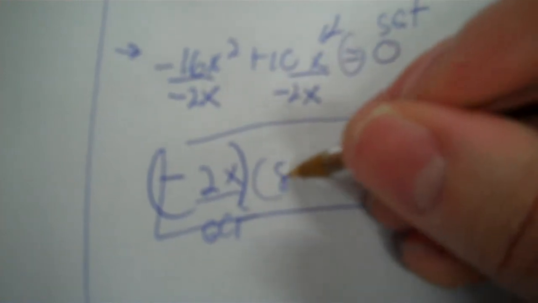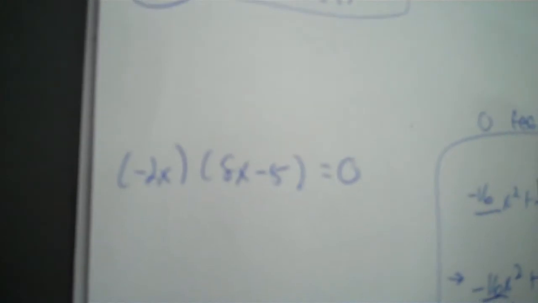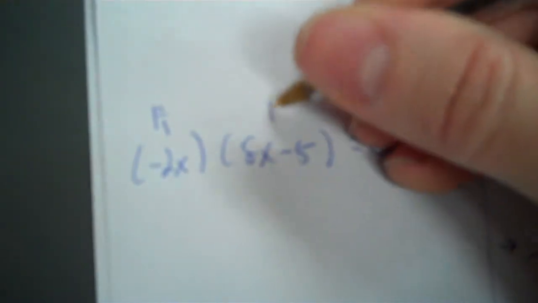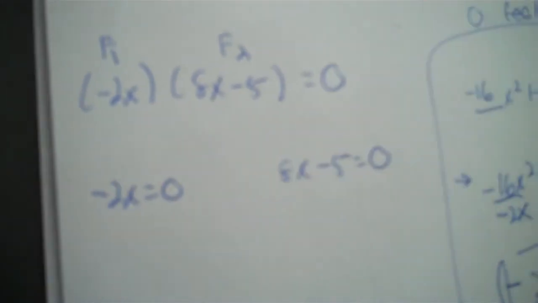So it's negative 16x to the second divided by negative 2x, which is 8x. 10 divided by negative 2 is negative 5, so minus 5. Bring them over here. So F1, F2. Negative 2x could equal 0, or 8x minus 5 could equal 0.